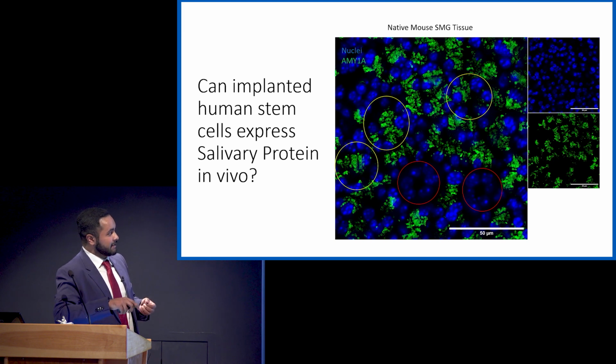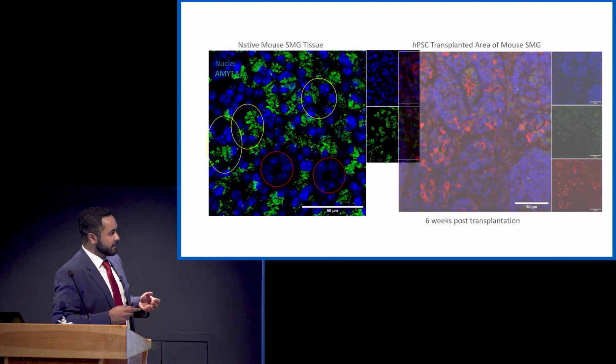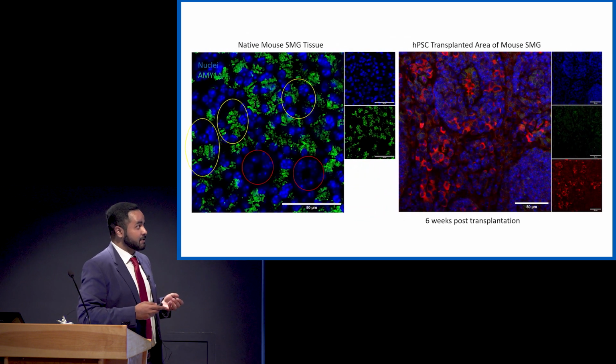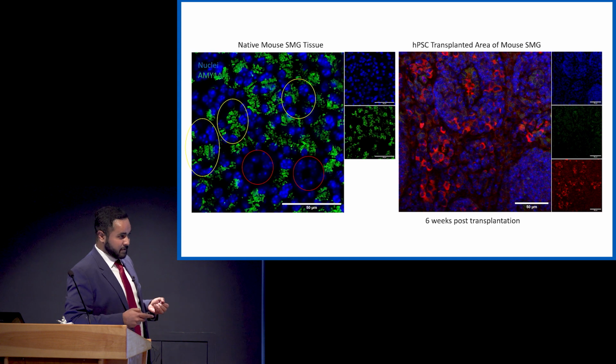And these yellow regions are basically your acini, whereas the regions which don't have amylase are ducts. So we checked for amylase in our transplanted tissue as well. And 6 weeks post-transplantation, there was a very small amount of amylase present in the cells, and most of it was also cytoplasmic.